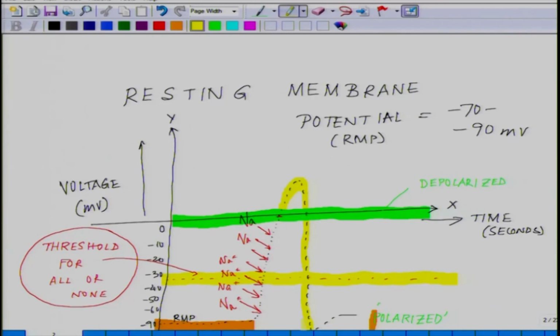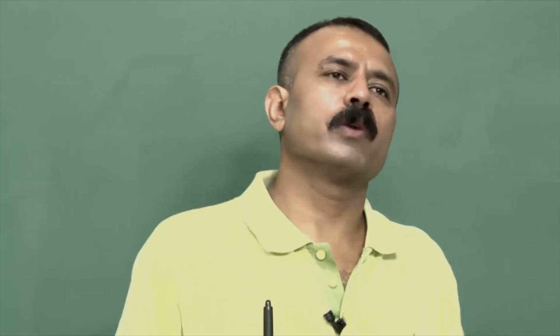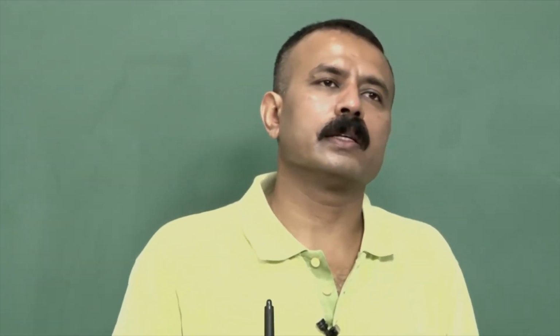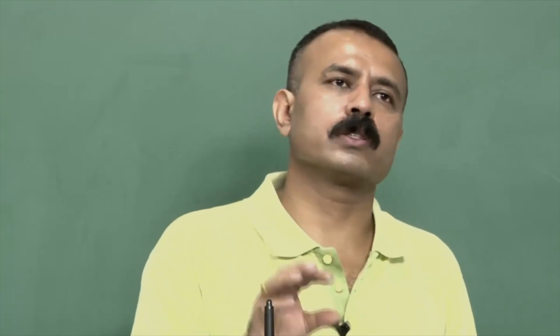So, what essentially is happening here? As of now we were saying that there is an entry of sodium going on. As a lot of sodium ions get inside the cell, because of too many positive charges inside, there is a mutual repulsion between the positive charges.